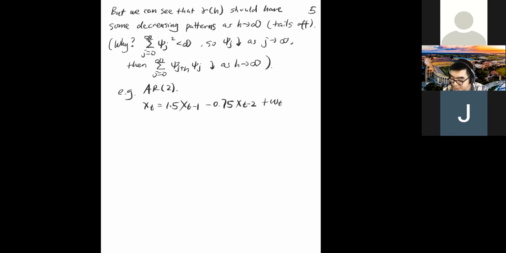In this example, we can write X_t as this.